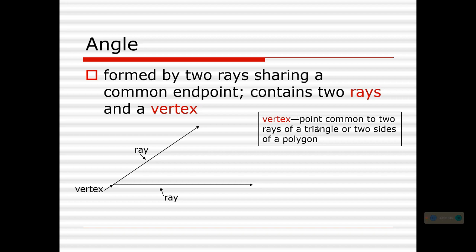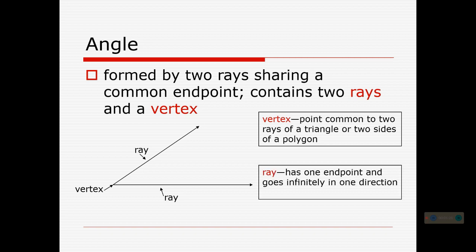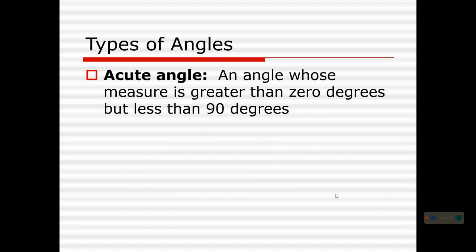When we say vertex, it is the point common to two rays of an angle or two sides of a polygon, because not only the angle has the vertex, also the triangle and the other kinds of polygon that we are going to discuss after 2 weeks. When we say ray, it has one endpoint and goes infinitely in one direction, which we have already discussed in the definition of ray. Okay, so to proceed, let us now have the types of angle.